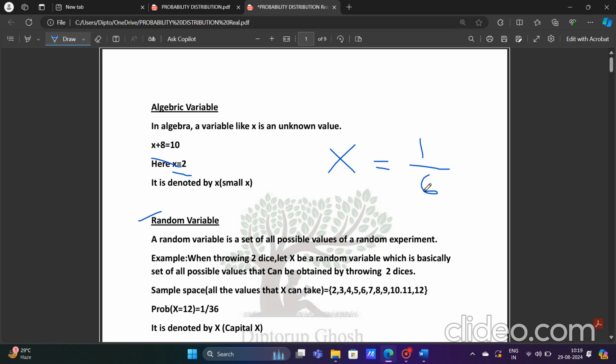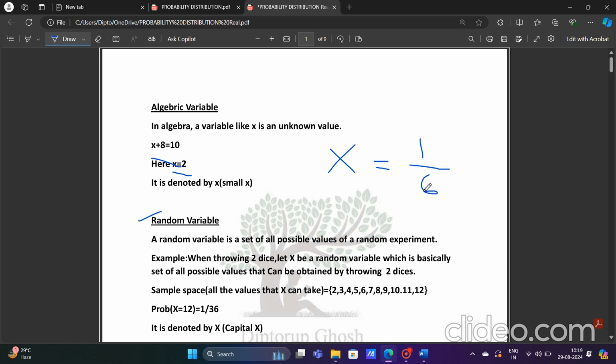Now if we elaborate this example a little bit. If we say that 2 dice are rolled and we are calculating the sums, then the sums can be 2, 3, 4, 5, 6, 7, 8, 9, 10, 11 and 12. Minimum, the sum can be 2, in which both the dice are giving 1, and the maximum of the sum can be 12.